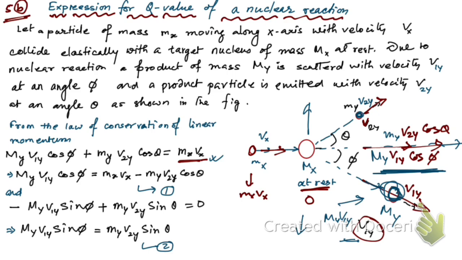So along the x-axis, the total momentum after collision is the sum of these two, and before collision it is this, right?